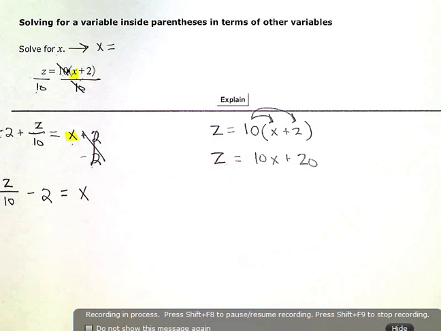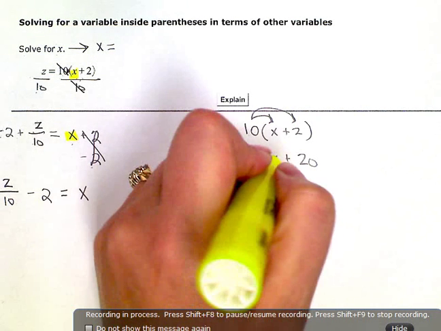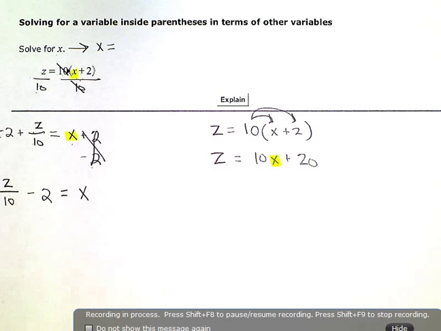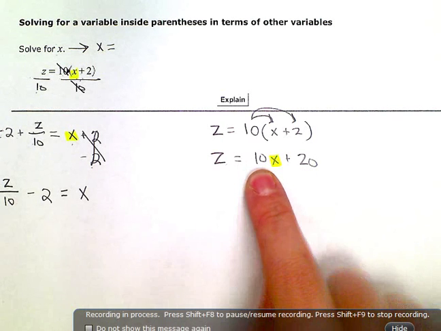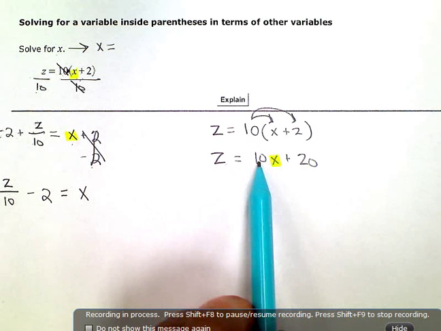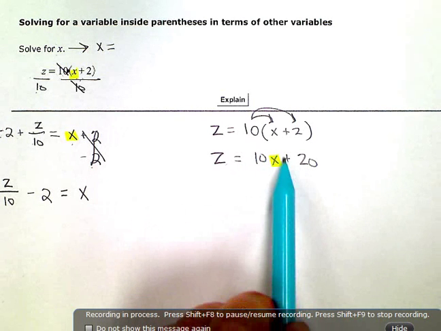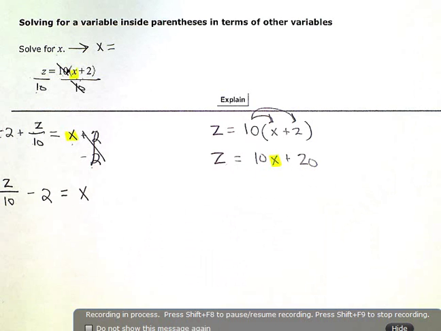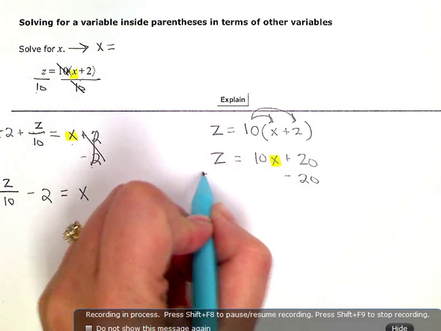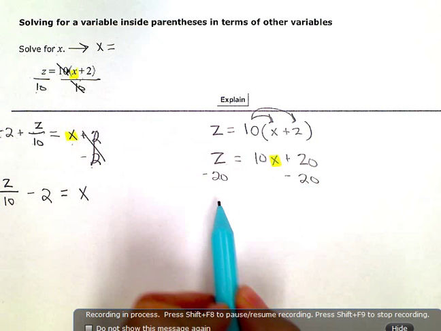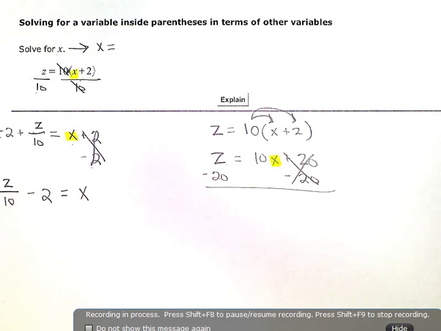So to get the x by itself, I'm going to have to get rid of this plus 20 and that times by 10. Well, before I get rid of the coefficient that's attached directly to the x, I want to get rid of this plus 20 first. So I'm going to subtract 20 from both sides. Those zero out.